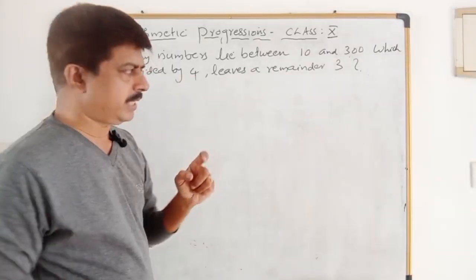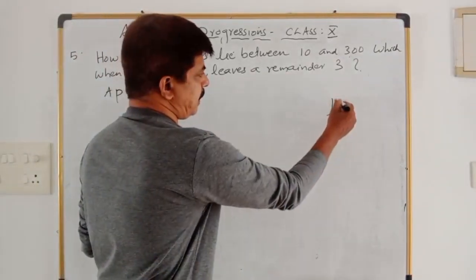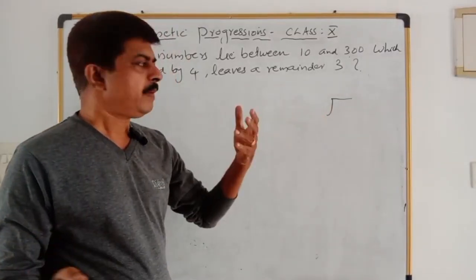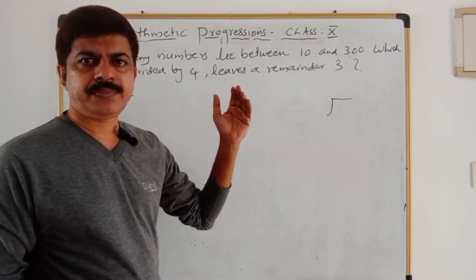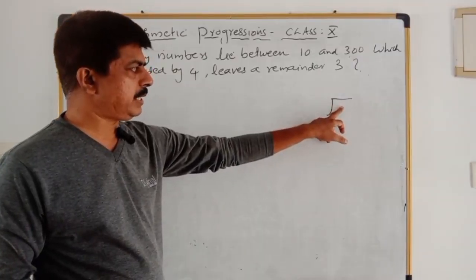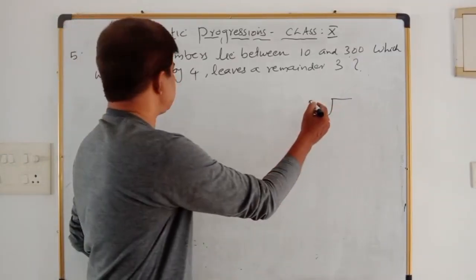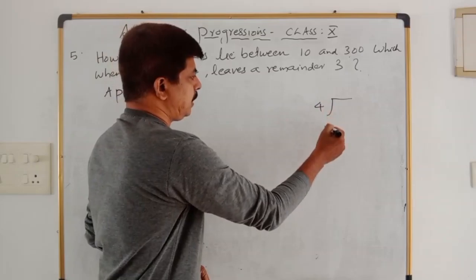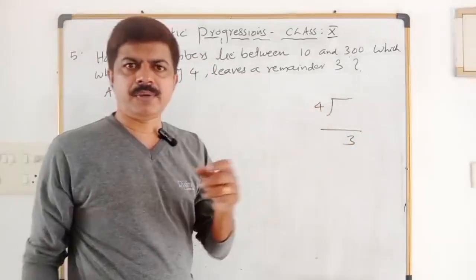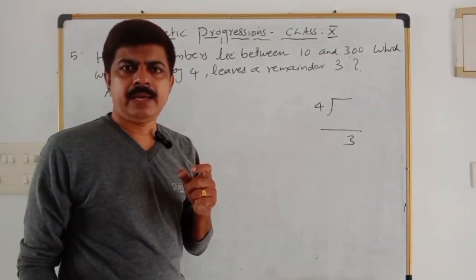There is one technique to do this. Let us find a general term; once the general term is found, we can easily find the numbers from the AP. One dividend is there, which we don't know exactly. When it is divided by 4, we should get remainder 3. So we are forming one general term.